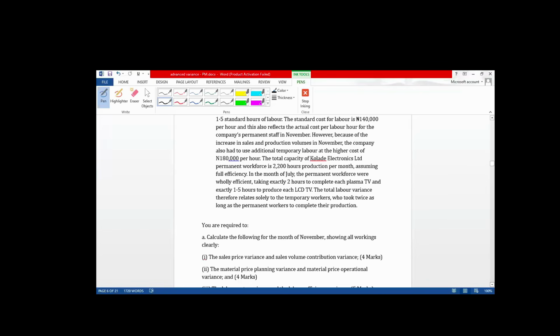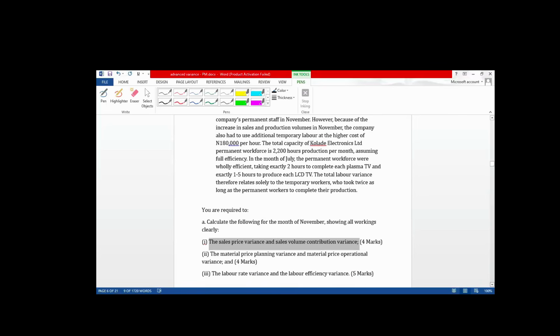Actual selling price minus standard, multiplied by actual quantity sold. Please don't be disturbed by the length of a question. Just go and pick your required variables.